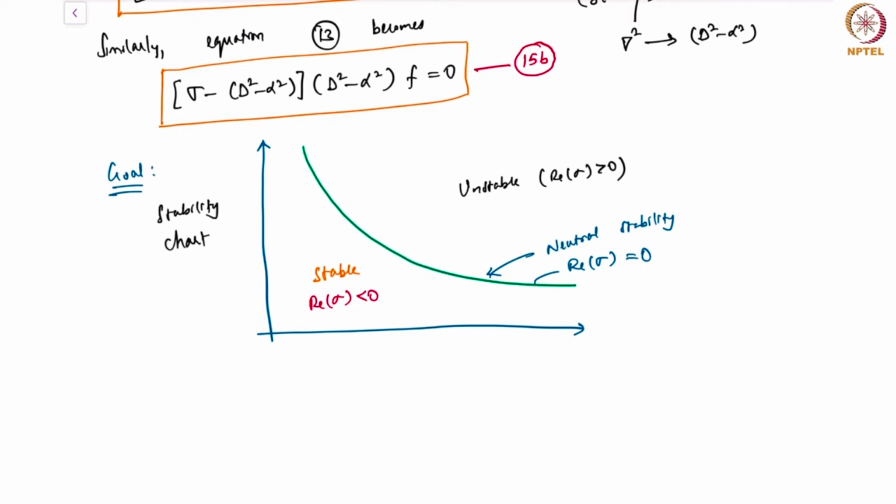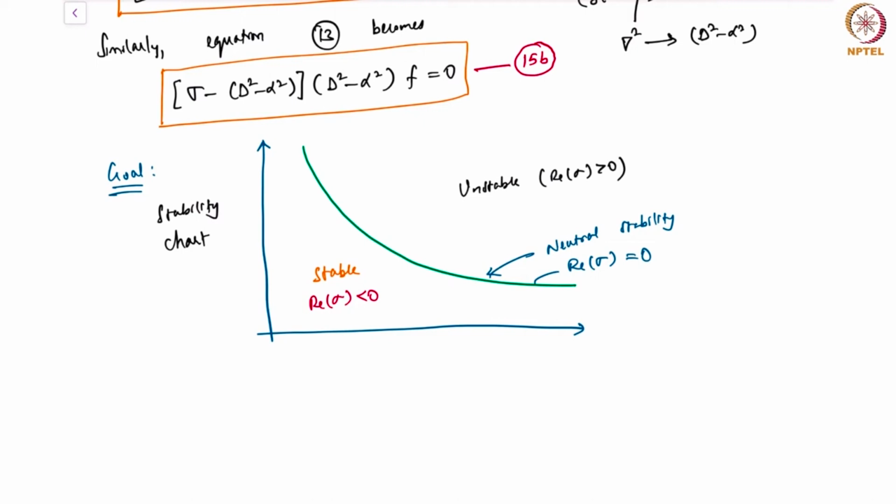Now the reason I have not specified the axes is because we need to do some more analysis to determine what would be the most appropriate axes to use for this stability chart. But what does a typical stability chart like this tell us?